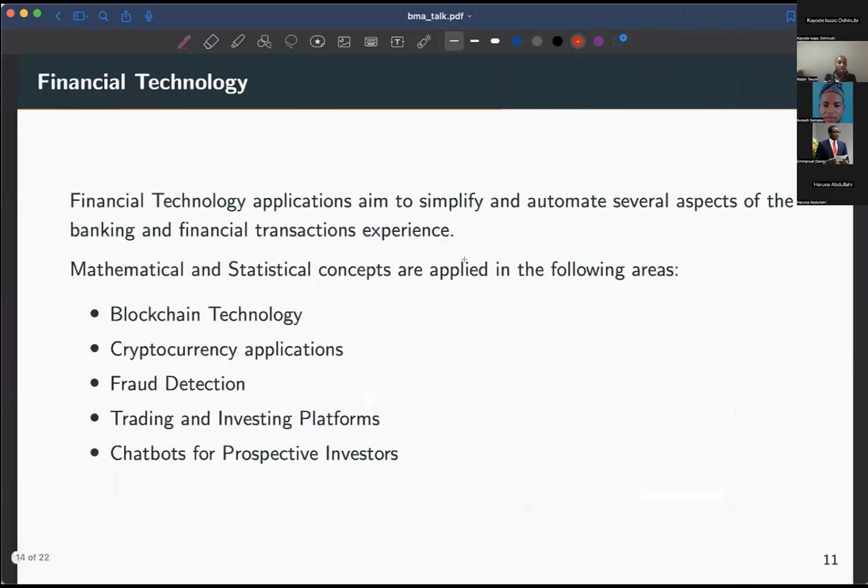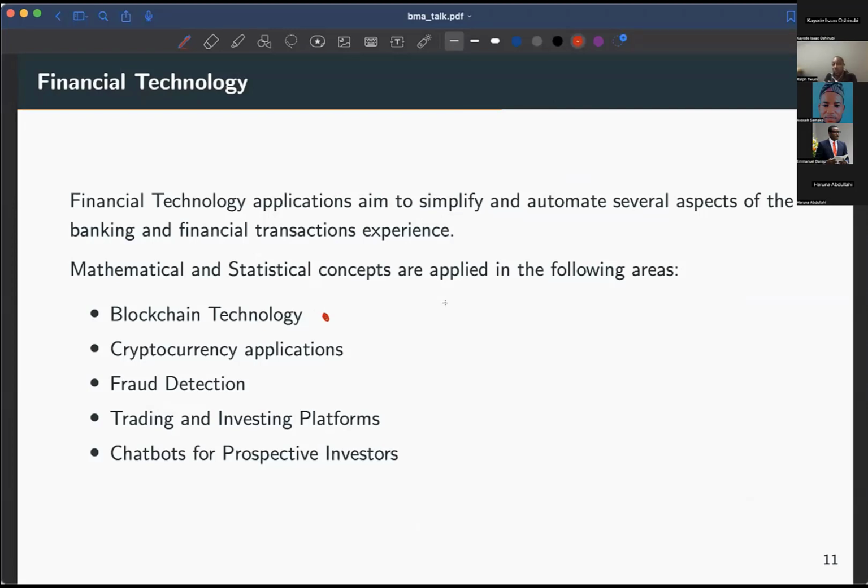Okay, then we move on to financial technology. The applications here are going to try and simplify and automate several aspects of different banking and financial transactions. And you find that, again, the knowledge you get from our subjects is applied in blockchain technology, for instance, where you are trying to decentralize the transactions.